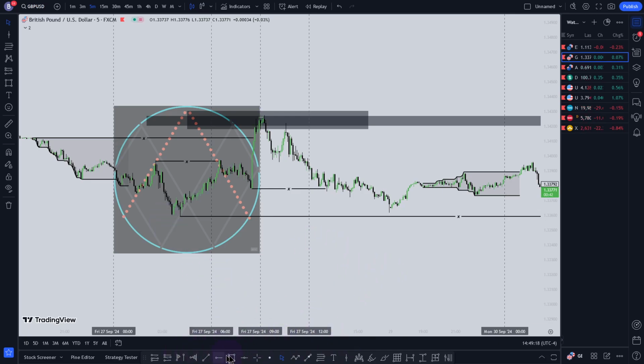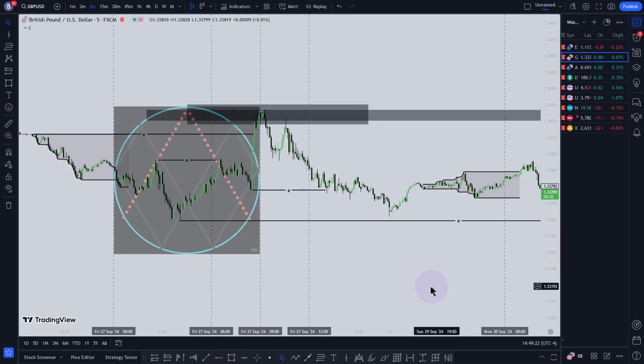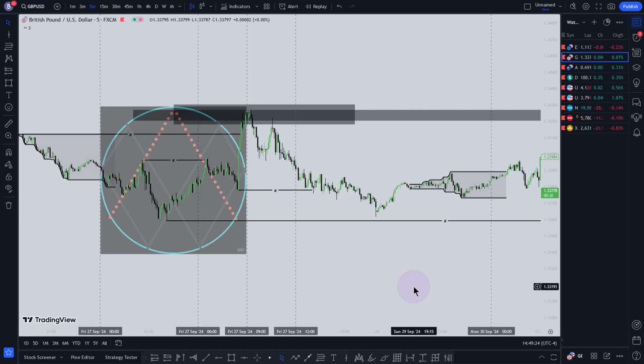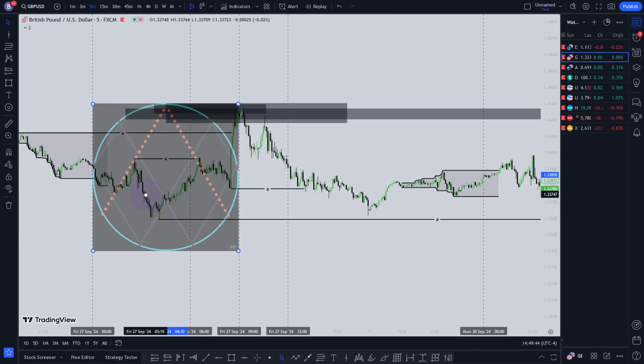And now we will not change this thing. This is placed based on the Enigma LTF Enigma model. So now we will mark highs of this circle. What do we have? Matching with the LTF Enigma model, Enigma 2.0. Of course, the crosses, the crosses special reversal happened.